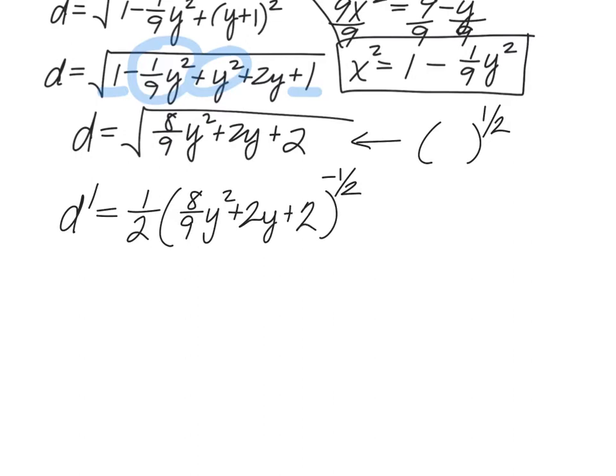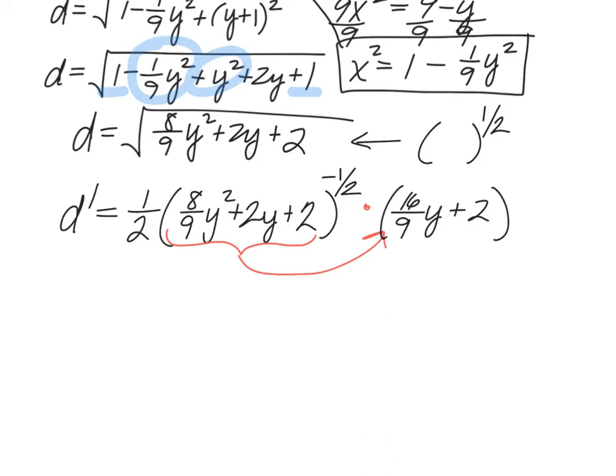And then remember, the chain rule requires that we take the derivative of the inner function and chain that derivative on with multiplication. The derivative of 8/9 y squared, the 2 will come in front and be multiplied by the 8/9, so that would be 16/9 y, plus the derivative of 2y, which will just be 2.